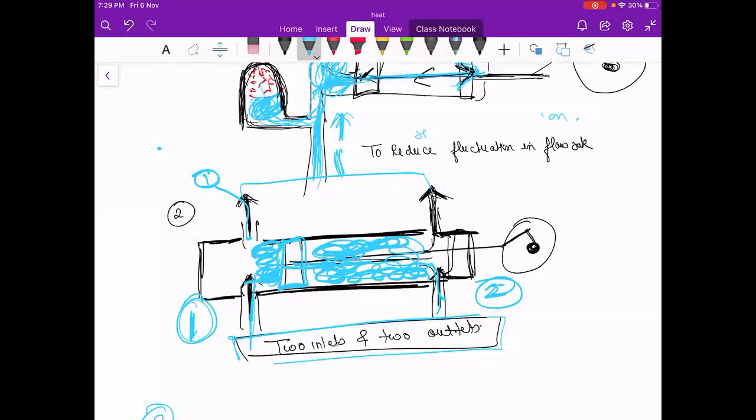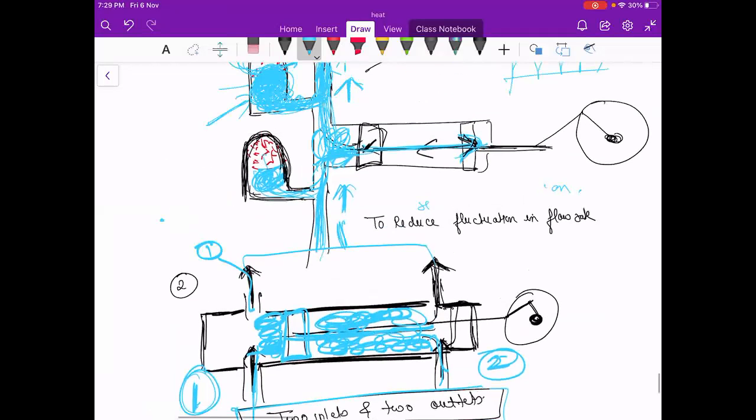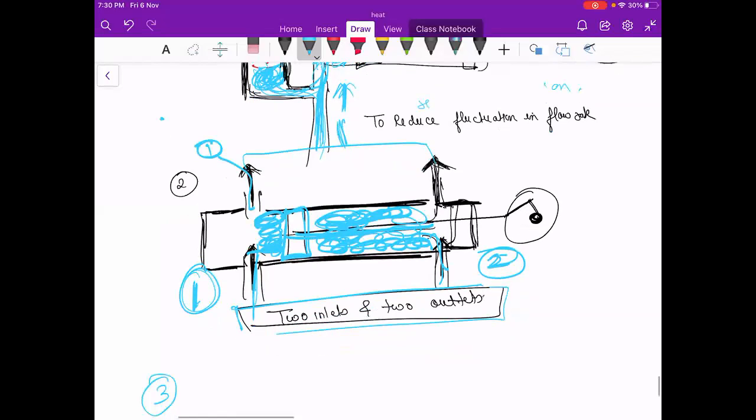When the piston has to go back, in the first diagram there is no liquid available, but here it will fill from the second inlet. So again the water will come out from the second. Again it will go from 1 to 2. Every way it is completing, it is pushing some amount of fluid. So this is also used to reduce the fluctuation in your system.